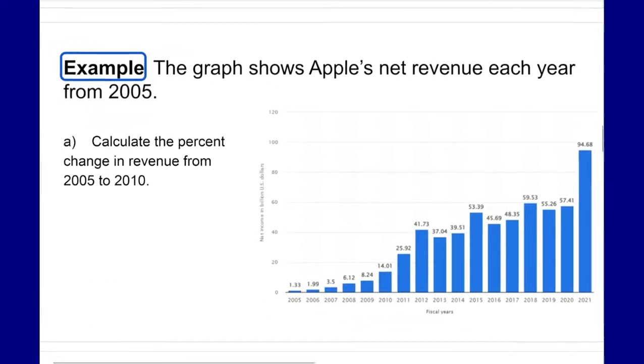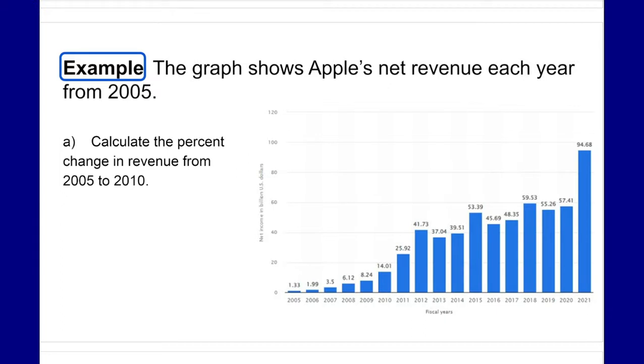So the following graph shows Apple's net revenue each year from 2005 to the most recent value, which was 2021. We want to calculate the percent change from 2005, which is down here, to 2010, which is up here. So we're looking at small values, but that's really just because they're representing billions of dollars.